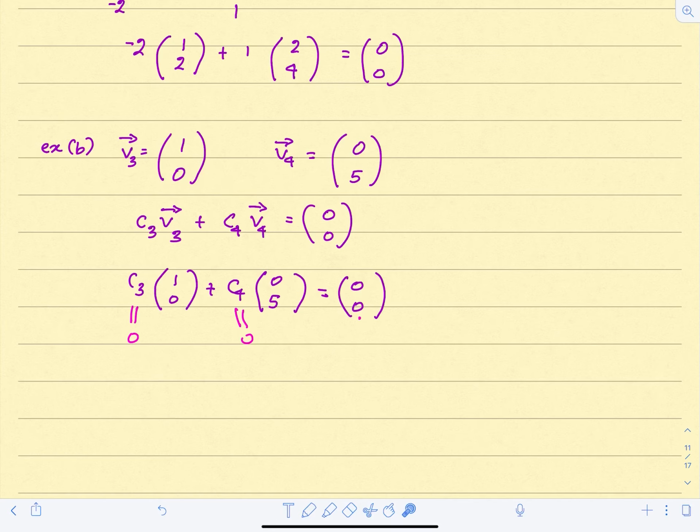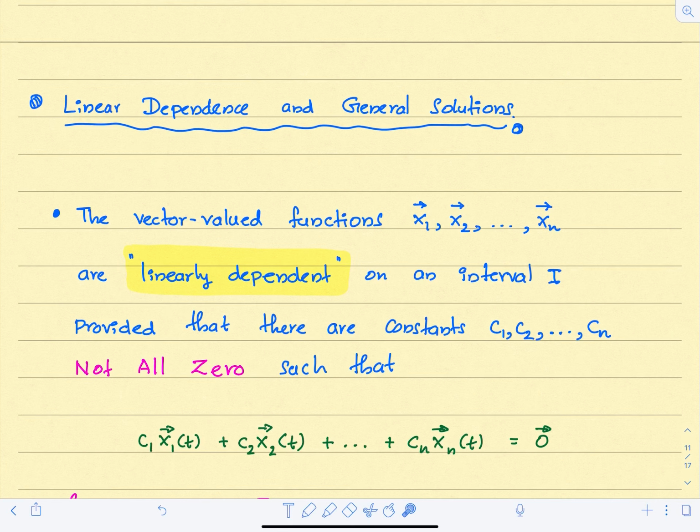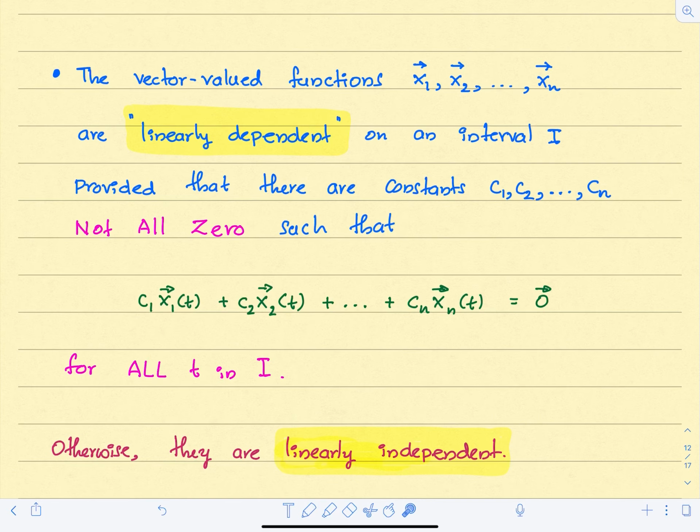Okay, so now with this in mind, let's talk about linear dependence and general solutions. Now let's say we have vector valued functions, n number of vectors, and we say that these vectors are linearly dependent if we can find some non-zero constants such that this linear combination leads to the zero vector.